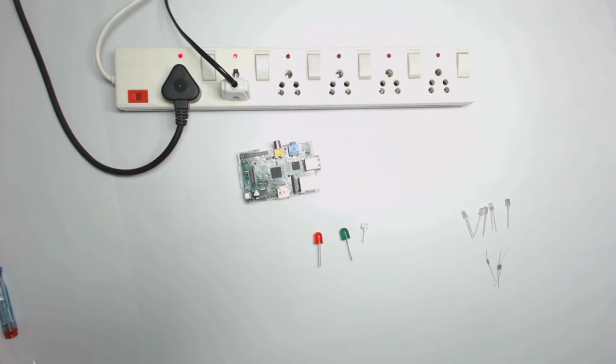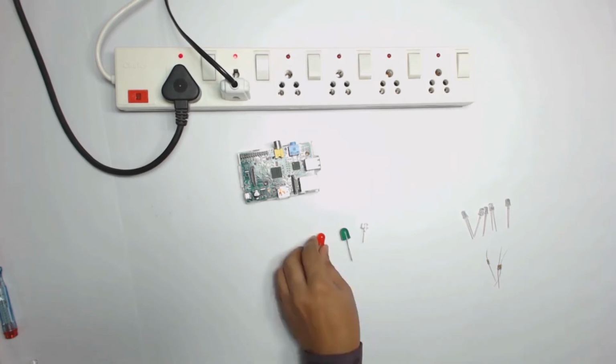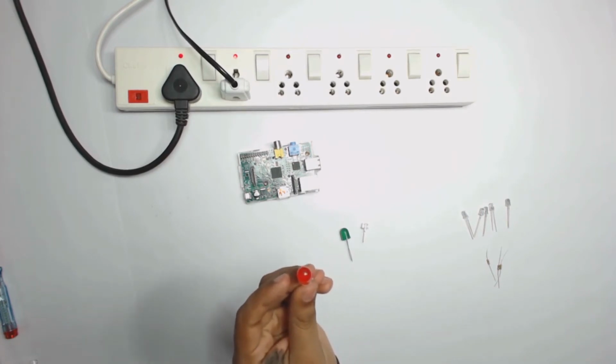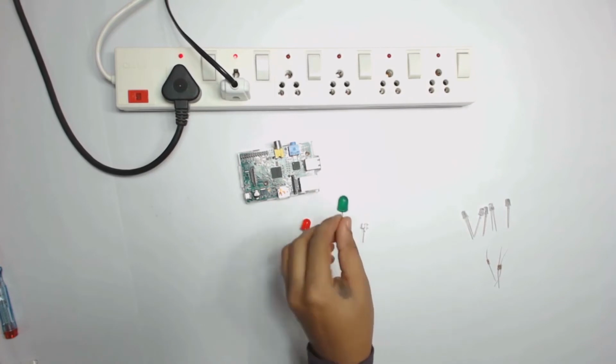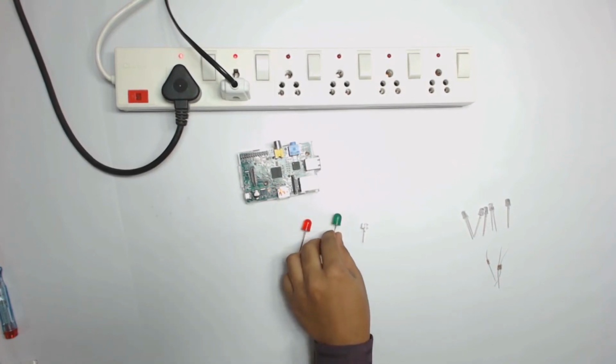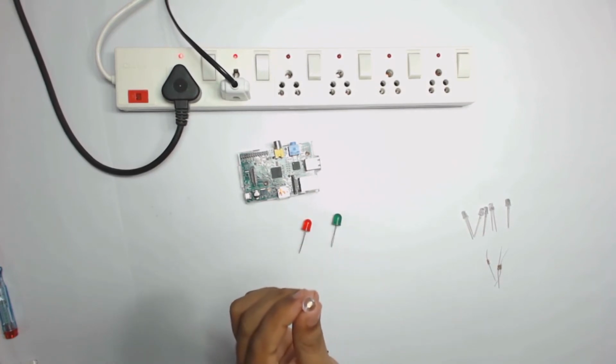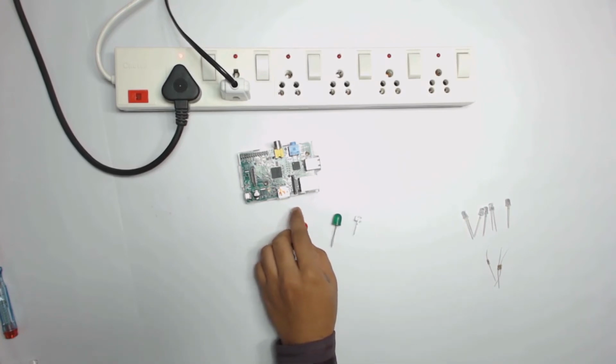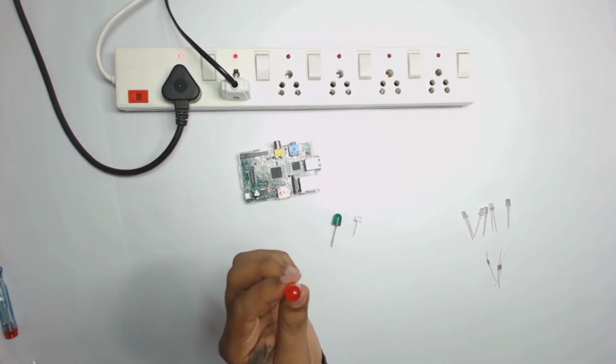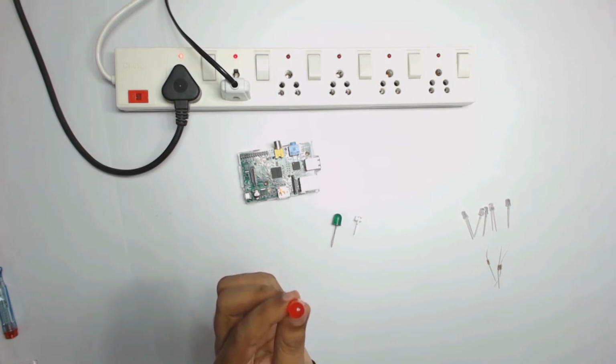Now, let's gather the list of hardware that we will require to build this project. The first one is LEDs in 3 different colors: red, green, blue. If you are getting the bigger ones like this, you don't need a resistance.